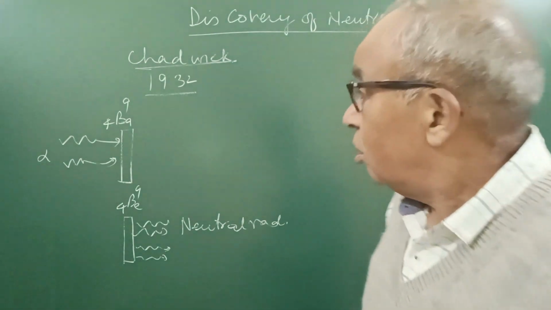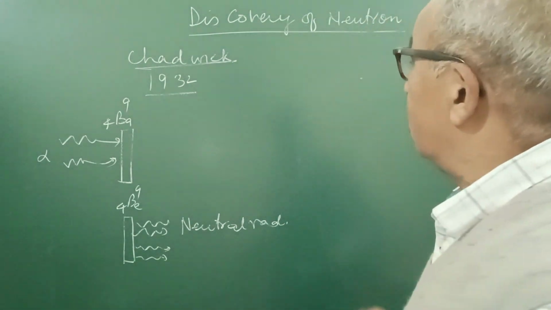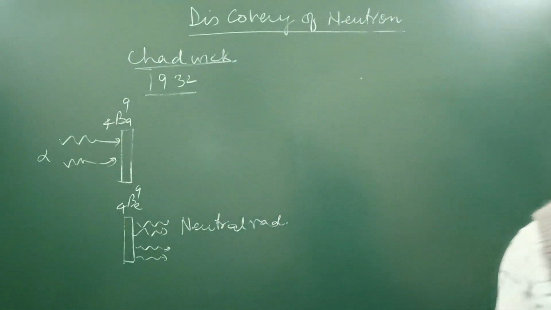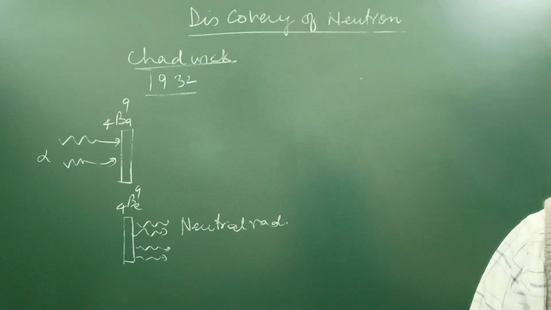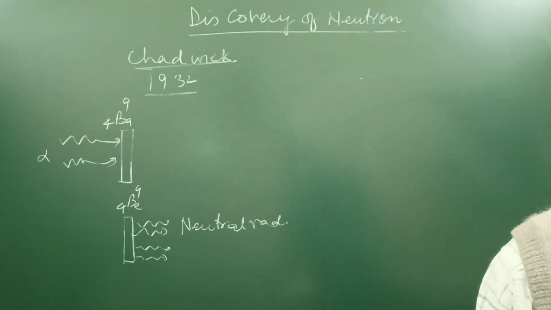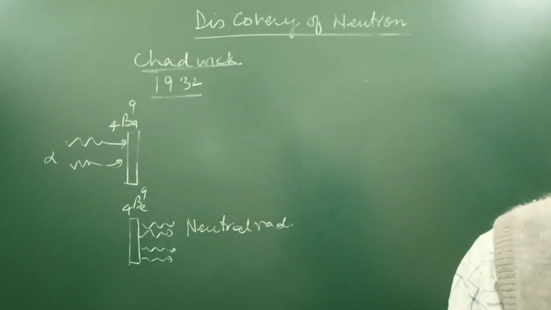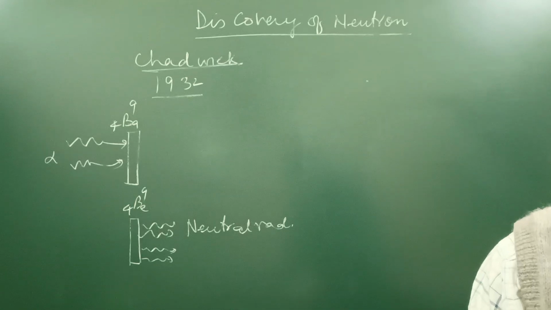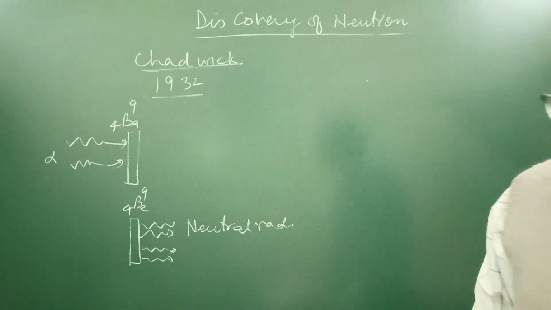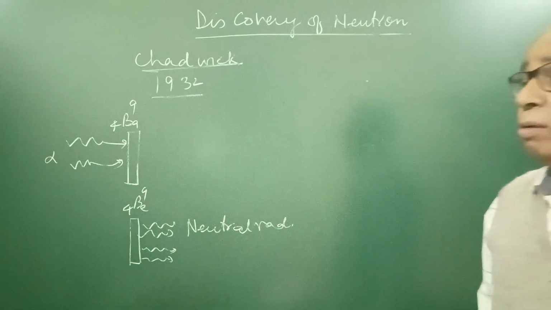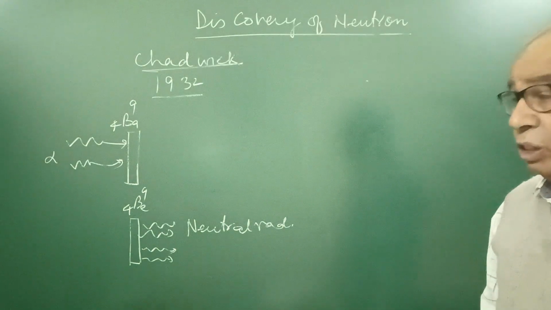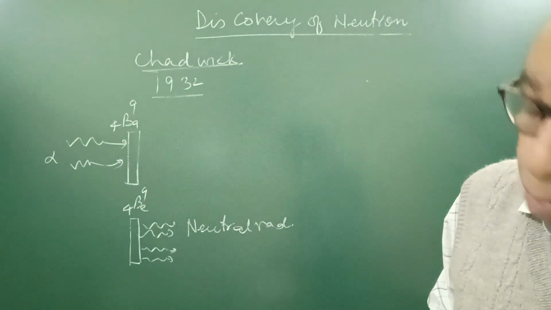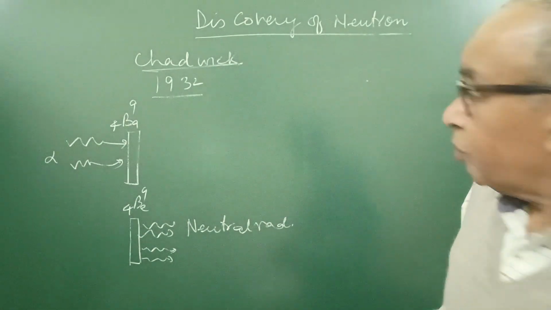Then what is that? Chadwick solved this problem by assuming that these radiations are some new particles which have no charge on them, and he named them neutrons. Using the principle of momentum and energy, he determined the mass of the neutral radiation, which is close to the mass of the proton.